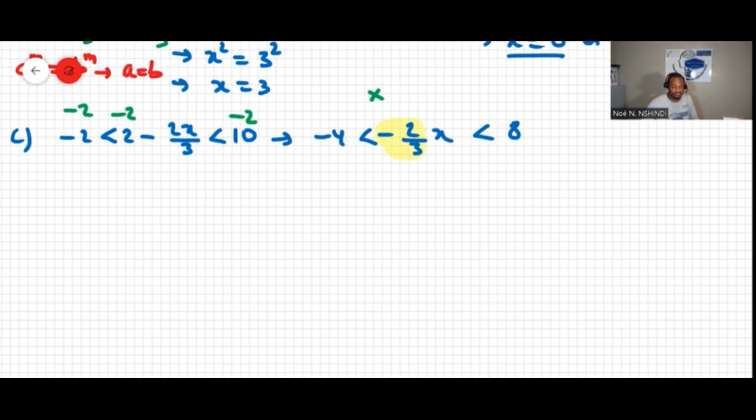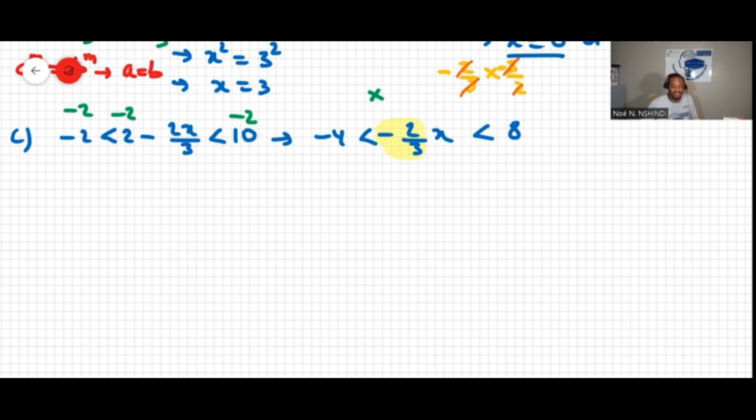For example, if we have -2/3 and I want to get rid of it, I'll multiply by 3/2, because I know that 3 and 3 cancel, and 2 and 2 cancel. Now if I need to cancel the negative sign also, I must multiply by another negative there.